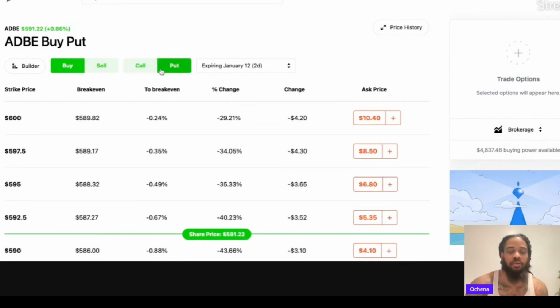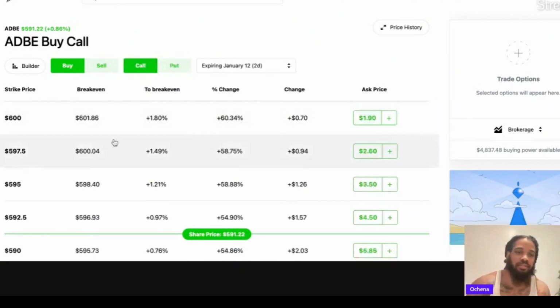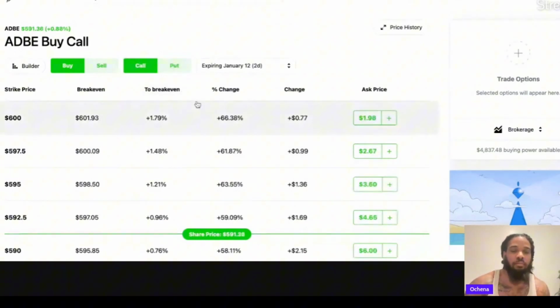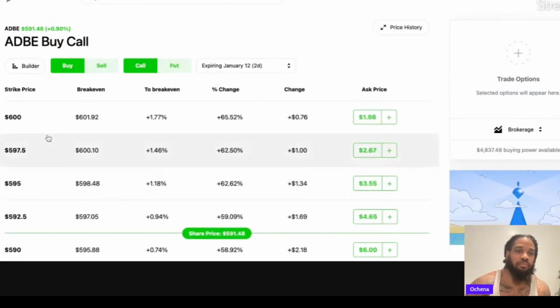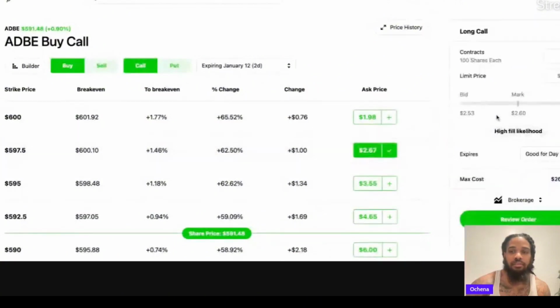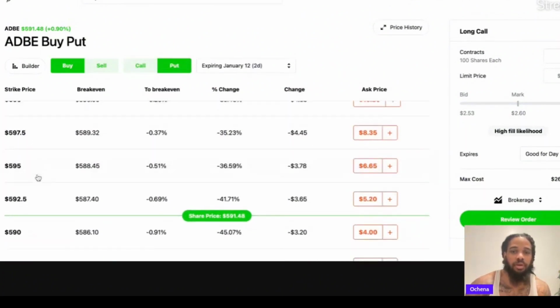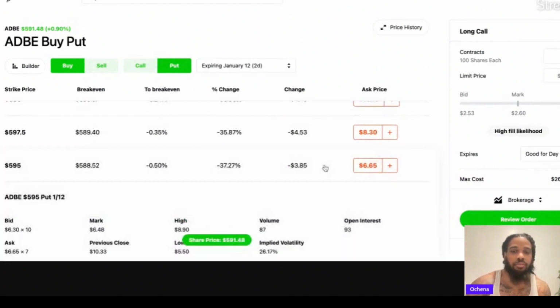Remember, guys, a call means you're betting that Adobe stock is going to go up, and a put means you're betting that it's going to go down. Say you're betting that it's going to go up: you hit the call option, choose one of the strike prices over here, and then you can decide if you want to buy it or not. If you want to bet that it's going to go down, you go to the put, go to one of these strike prices, and then you can buy it or not.